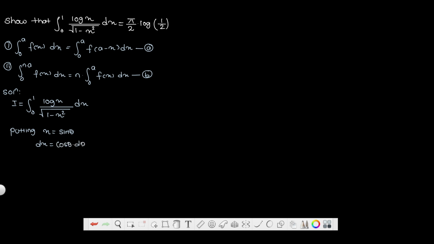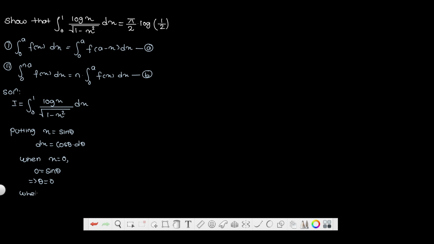Since we changed x into theta, we have to change the limits of x as well. So when x equals 0, plug this into the equation, we get 0 equals sin theta, so theta equals 0.